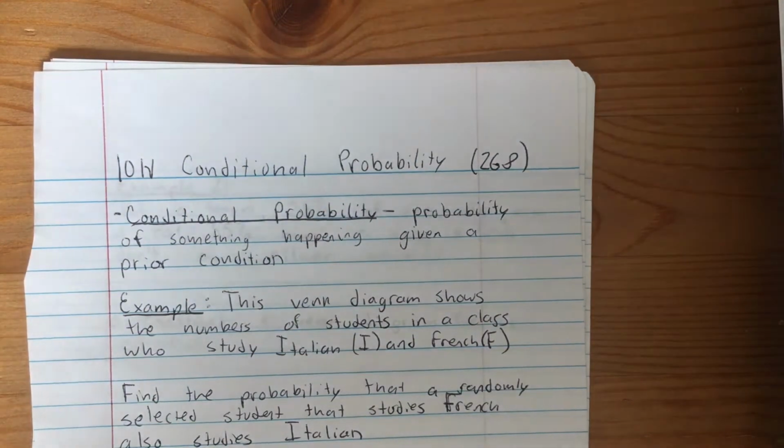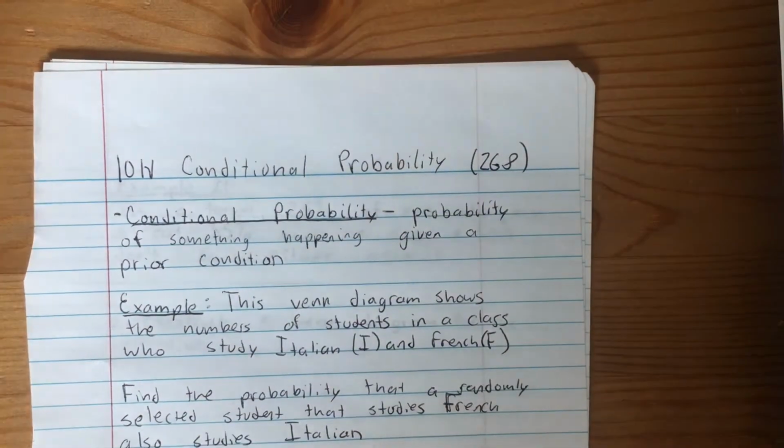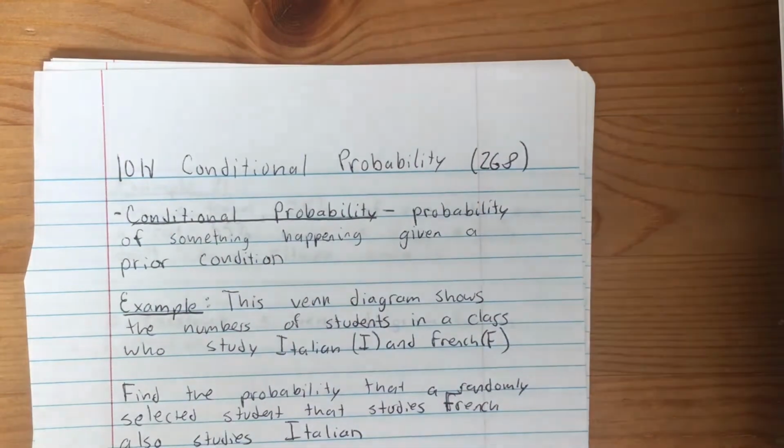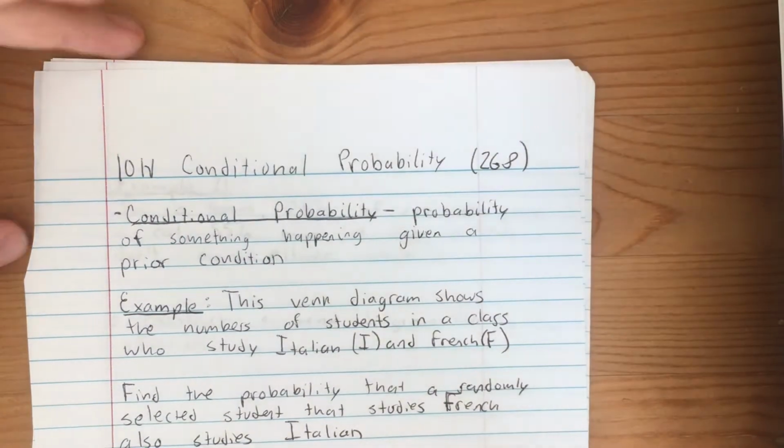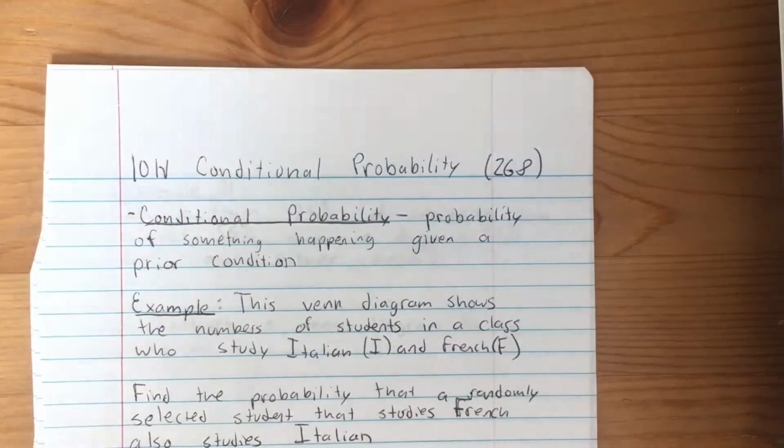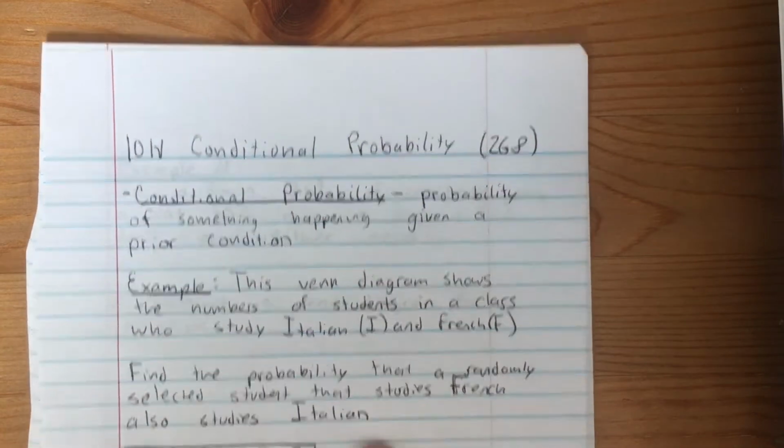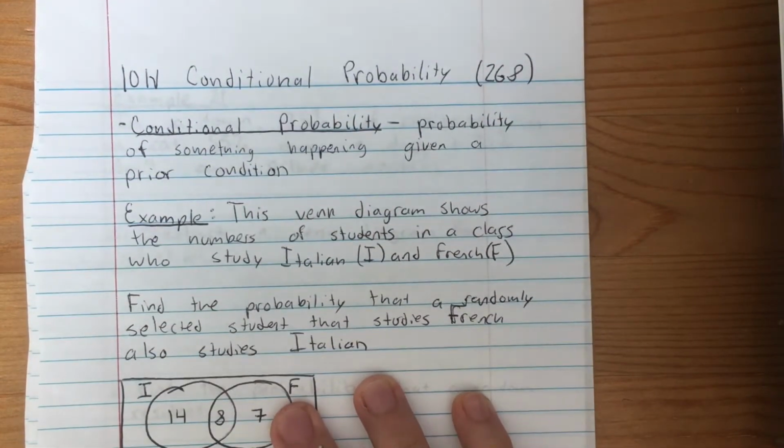For example, if your parents have ever told you, you can go hang out with your friend if you clean your room, or if you do the dishes, or do this, or do that, there's this condition set that kind of dictates whether or not something can happen.